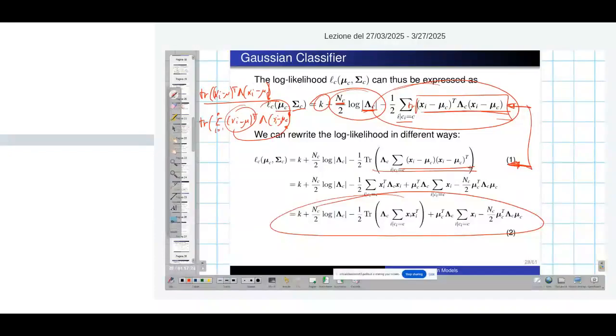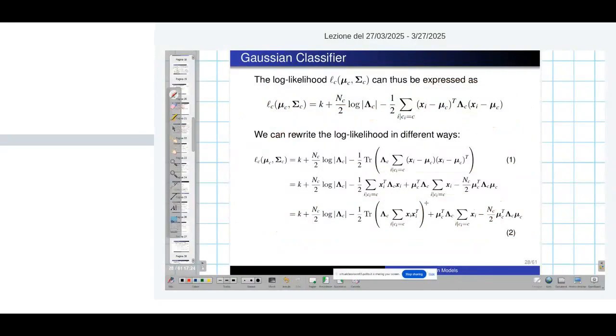Why is this useful? Because this shows us how the likelihood depends on the data. The likelihood function depends on the data through the number of samples, the sum of the values of the samples, and the sum of the xi xi transpose values. We call these zero-order statistics, first-order statistics, and second-order statistics.